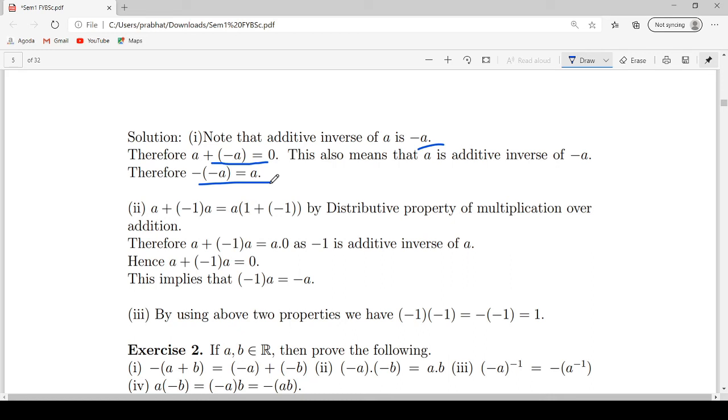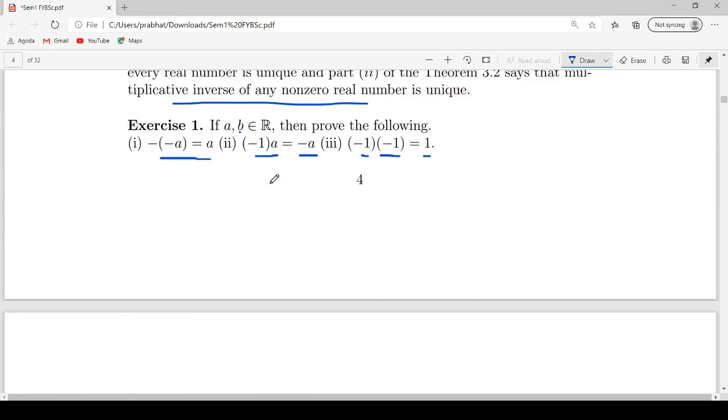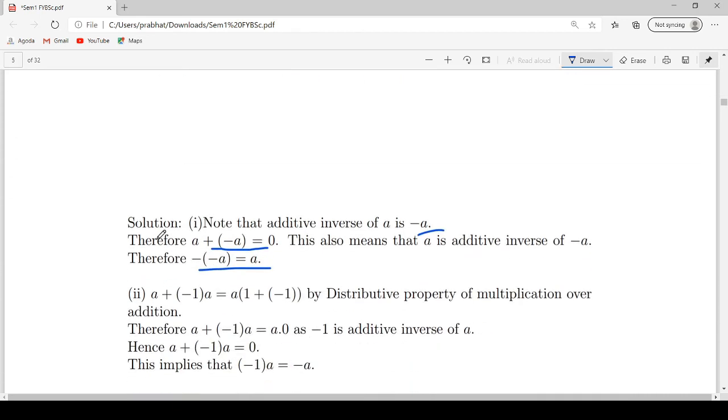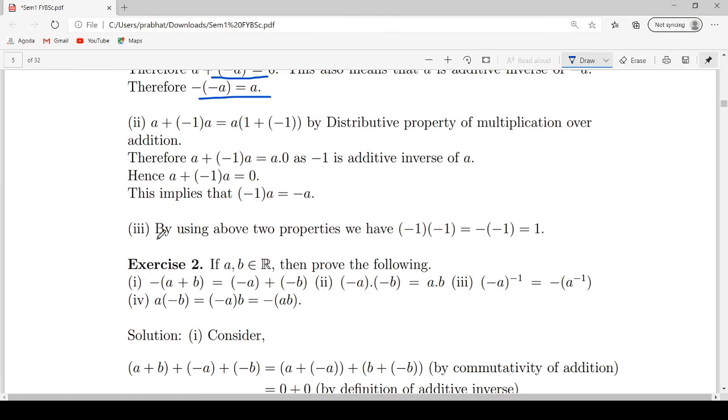Second, we were asked to prove that minus 1 times A is equal to minus A. Let's see the proof. You consider A plus minus 1 of A. By using the distributive property of multiplication over addition, you can write it as A times 1 plus minus 1.